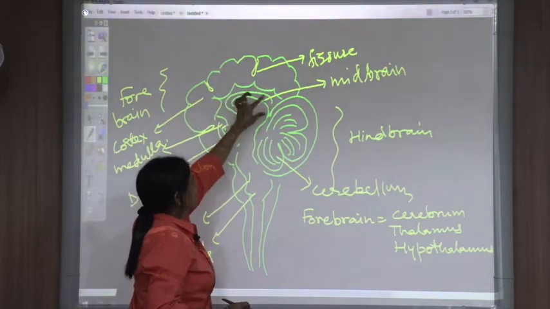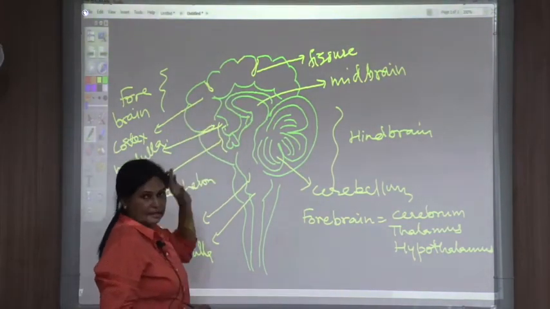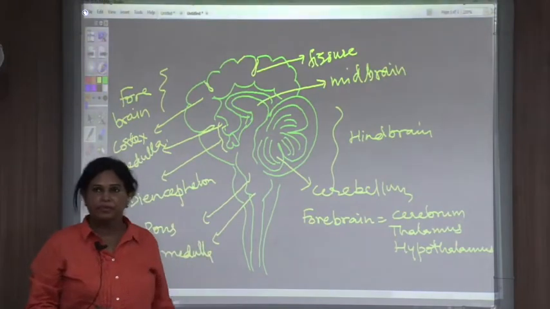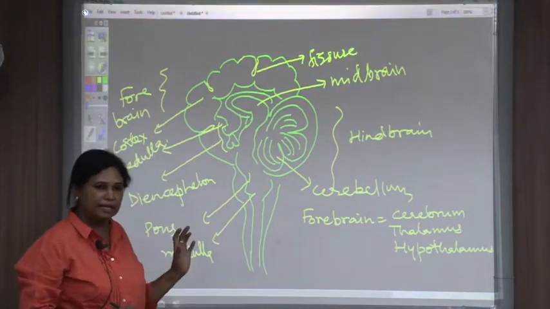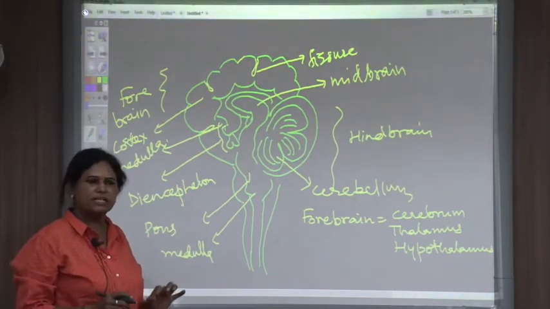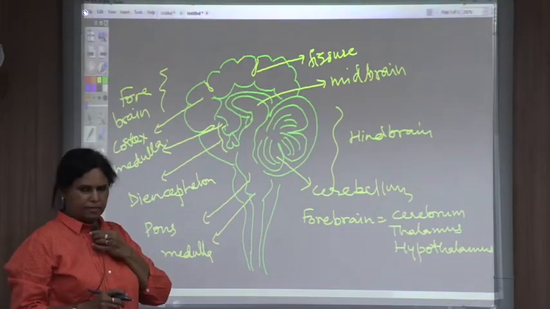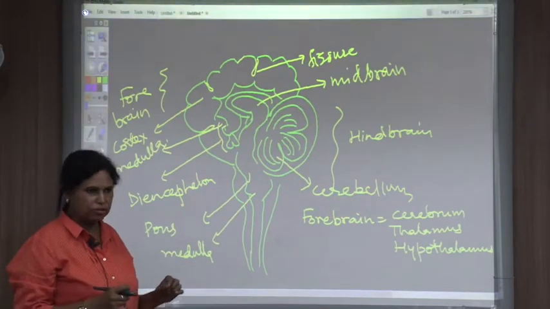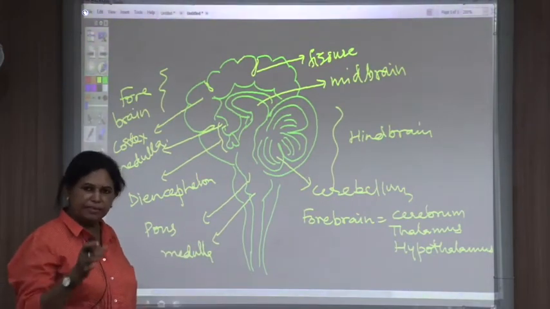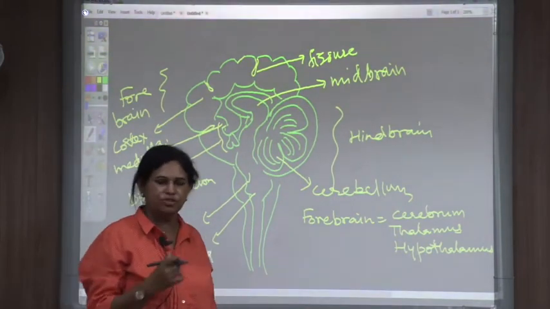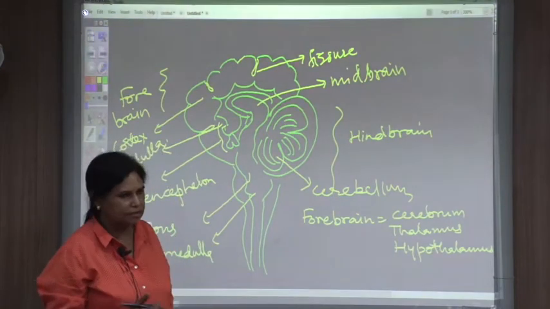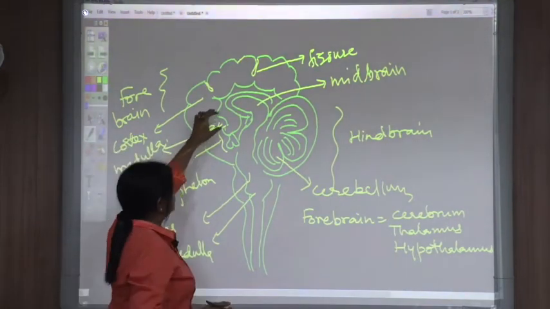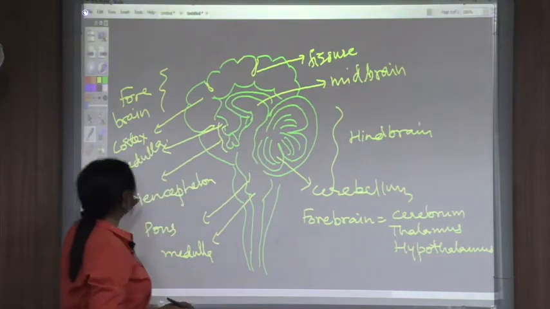Then below the cortex is the thalamus. Now what exactly is the thalamus? Thalamus is like the lower side of the roof of a room. Suppose this is the roof of your room, so just below that portion, the white thing that you can see is called the thalamus, and below the thalamus is called the hypothalamus.